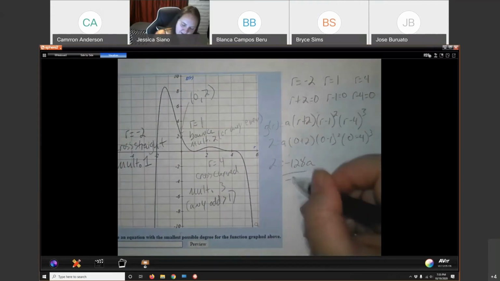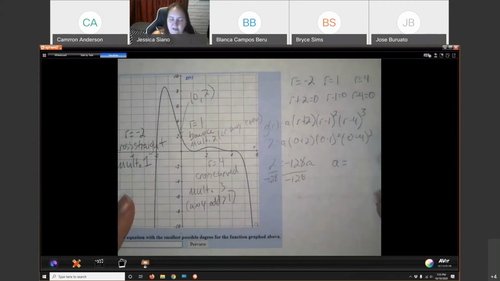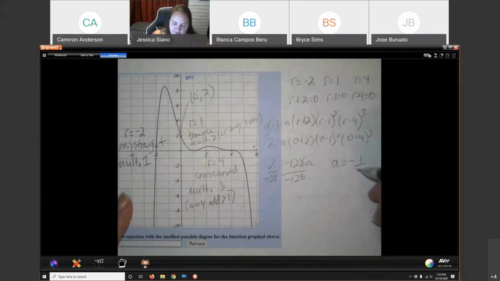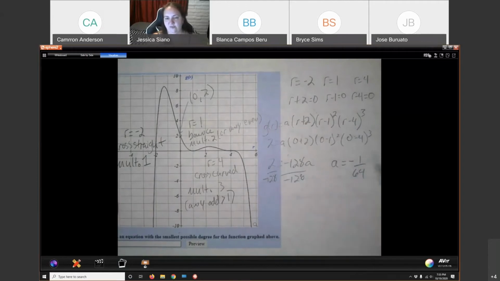Divide both sides by negative 128. And then a will be negative 1 over 64. When we reduce 2 over 128, we'll get 1 over 64.